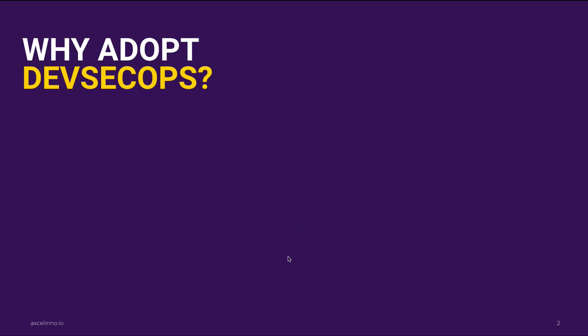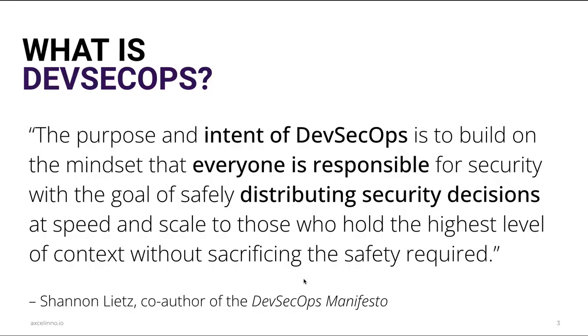And so what I want to do is first look at some trends. Now, some of this information comes from IBM. They did an analysis of some data compiled by the Ponemon Institute, and I really want to look through those. Now, before we get to that, the question is what is DevSecOps? And really this comes from Shannon Leitz, co-author of the DevSecOps Manifesto.